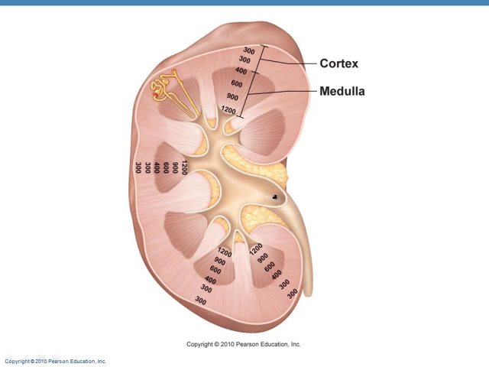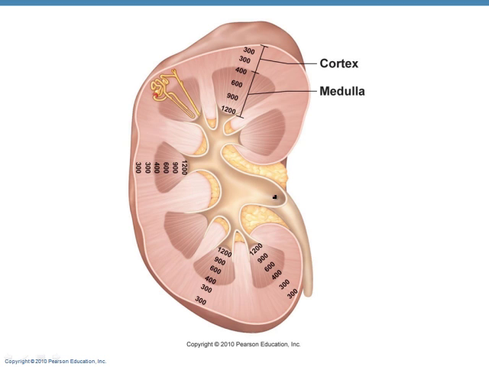So that's 3 major parts of the whole filtering process. So the nephron itself is actually making urine. The glomerulus is filtering that blood, and the nephron is making what? Urine. And the components of that urine are going to be dependent on what else is going on in the body.